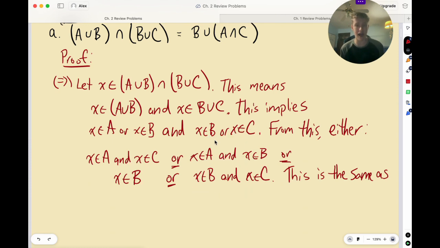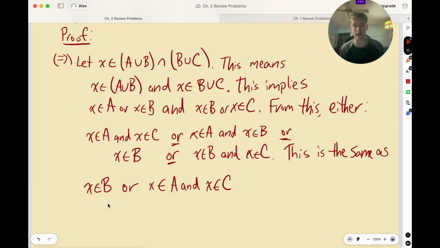So either that is true, or x is not in B. But if x is not in B, it must be in A and C. Okay, but this is the same as x is in B or x is in the intersection of A and C.